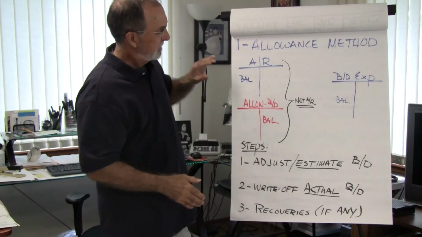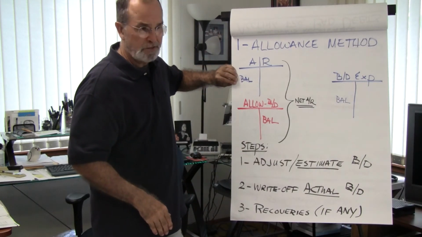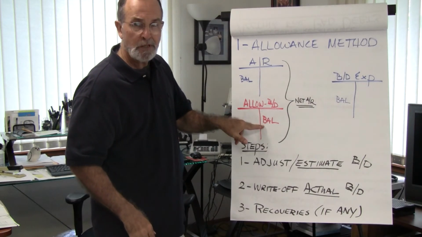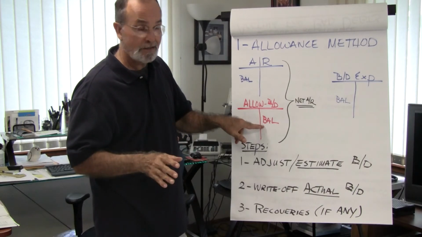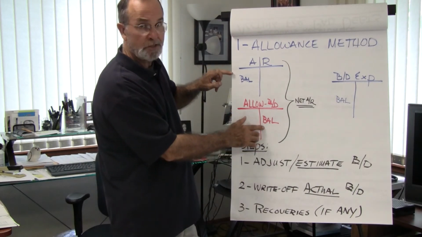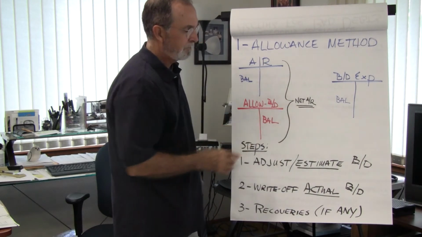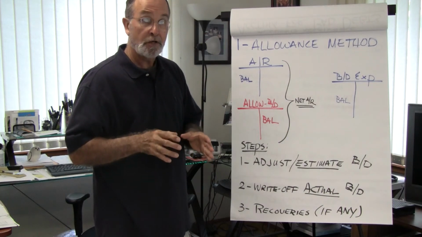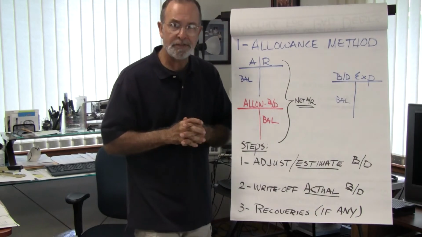In other words, this is what we have in our books, this is what receivables are recorded on our books, and this is the amount that we think we will not collect. And so when we put these two together, we're showing an amount that we feel is a better valuation of our true accounts receivable. Hopefully that makes sense.